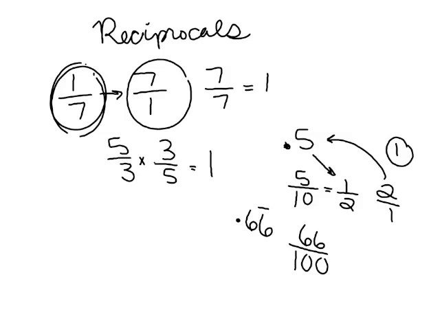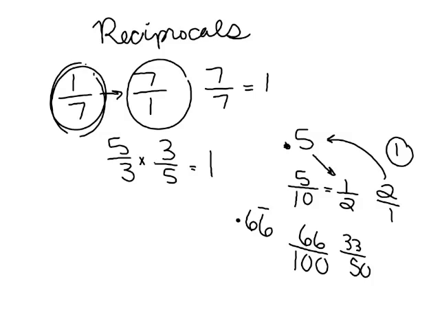Divisible by 2 for sure, right? 2/3? No, not exactly. Okay, so simplify it down with me. They're both divisible by 2. So that would be 33 over 50. That's as low as it's going to go.